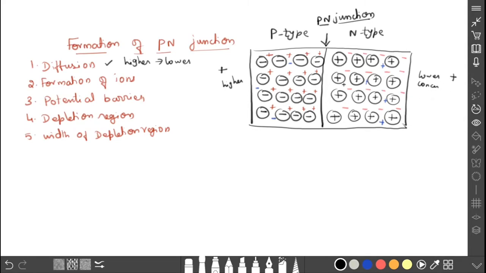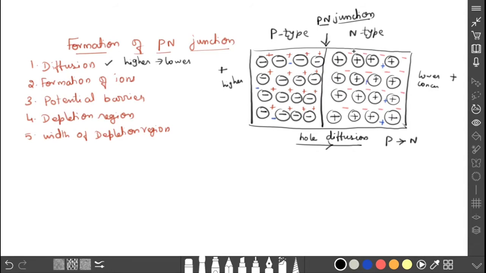Due to this, diffusion takes place. The holes will move from higher concentration to lower concentration. This is represented by hole diffusion. So the holes will move from P type to N type, and I can represent it like this.